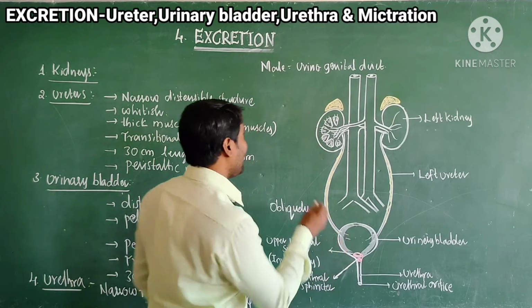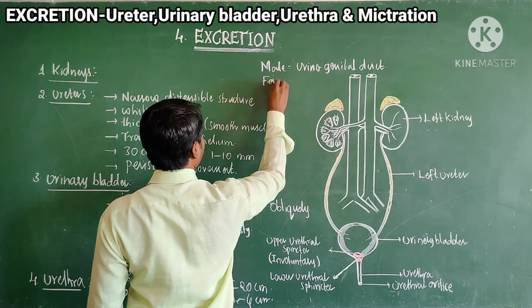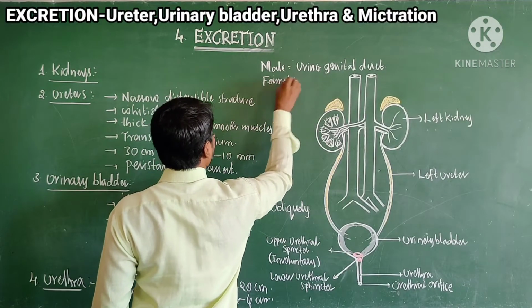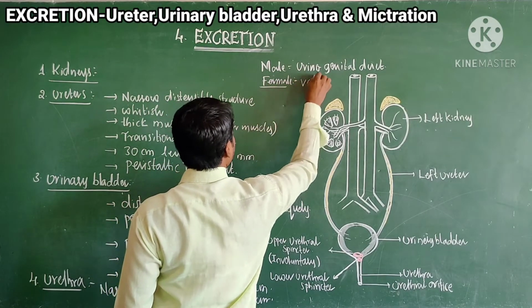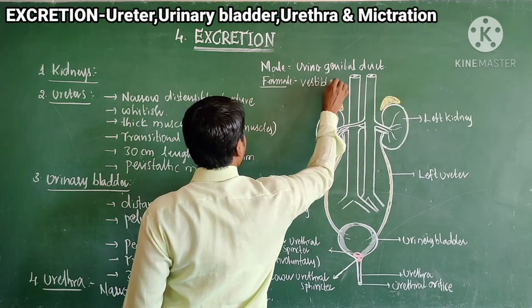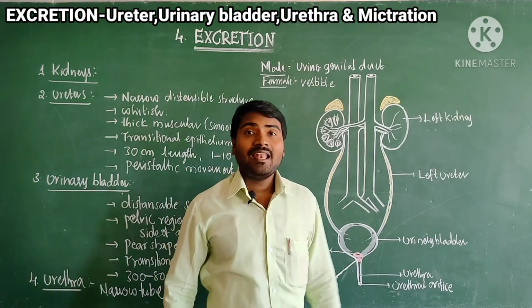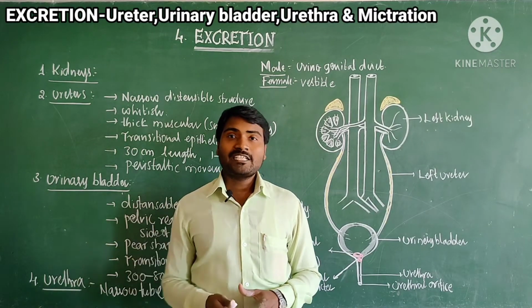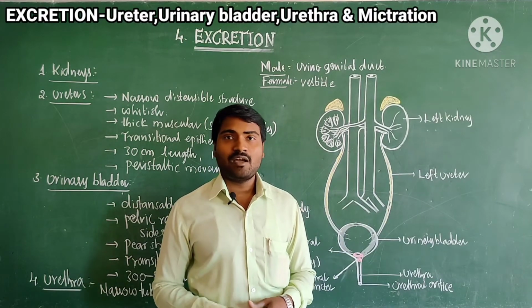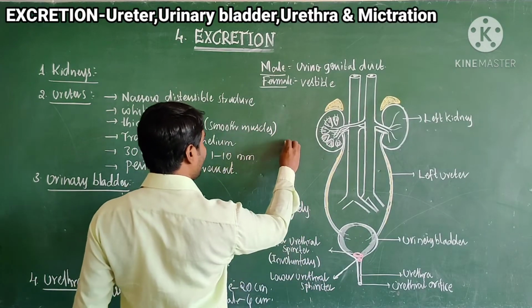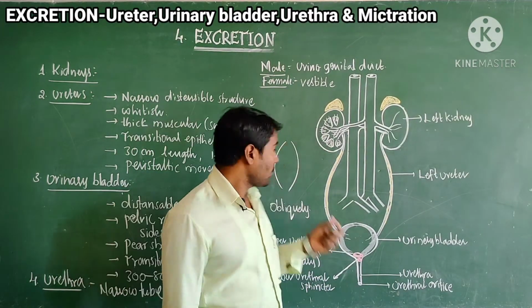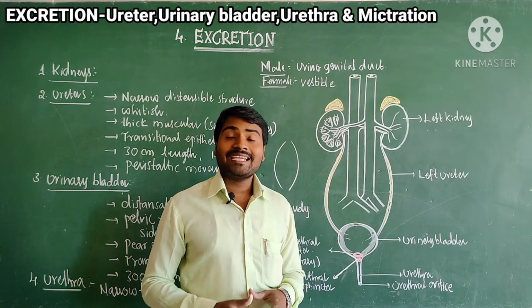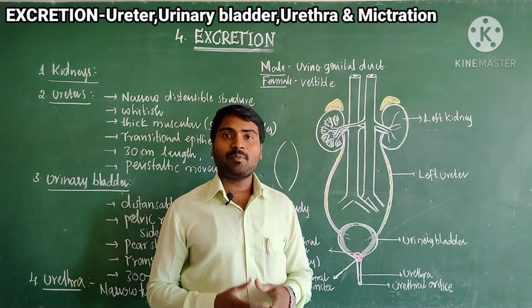Whereas in female, it opens into the vestibule. In female, there are separate openings for the reproductive tract and the urinary system. The vestibule is the external genitalia of the female reproductive system.